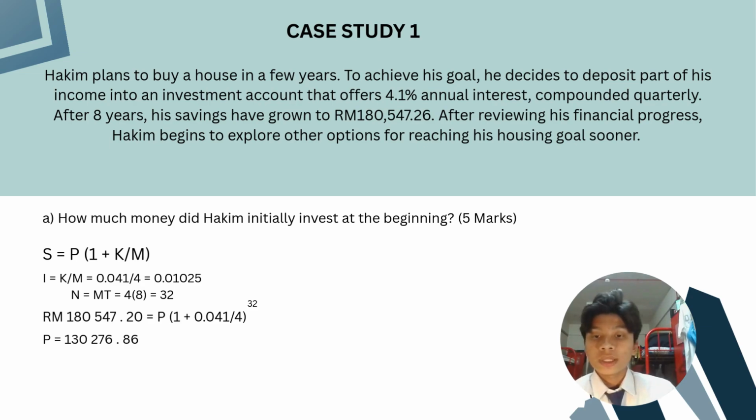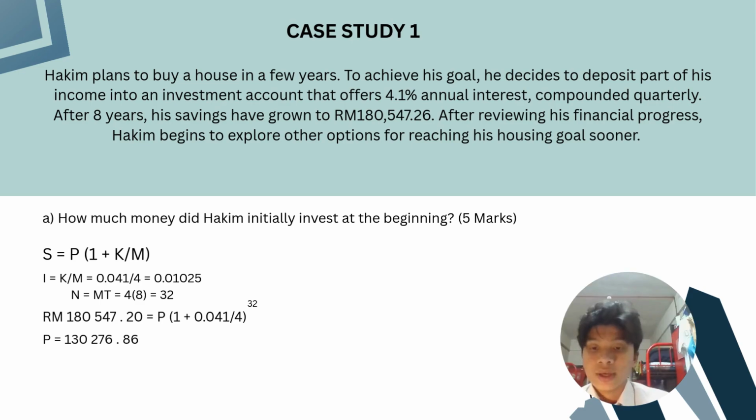How much money did Hakim initially invest at the beginning? S equals P(1 + k/m)^n, where 0.041 per 4 gives 0.01025, and n equals m times t, that is 4 multiplied by 8, which is 32.